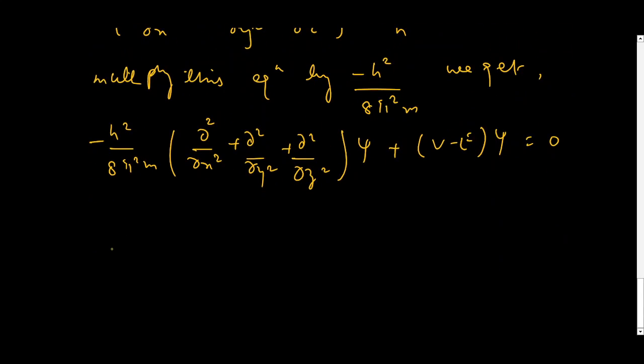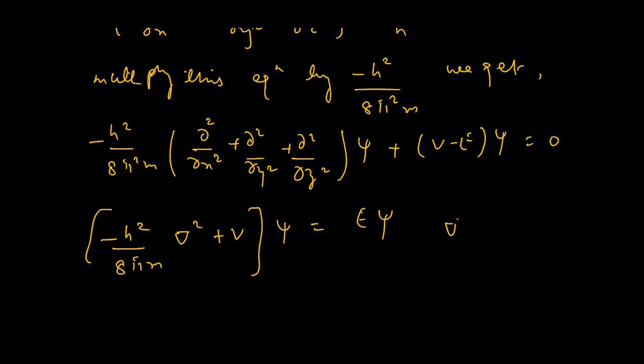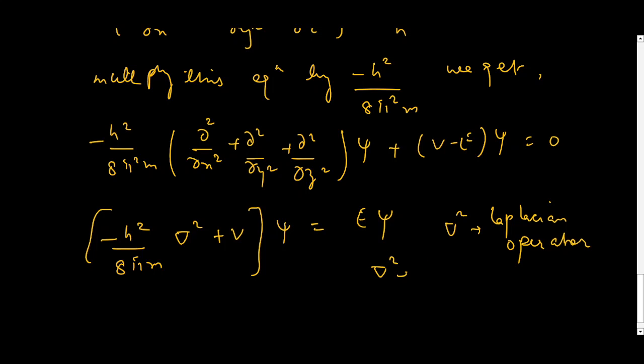Now rearranging this equation, we get minus of h square upon 8 pi square m del square plus V into xi is equal to E xi, where del square is Laplacian operator, and its value is dou square by dou x square plus dou square by dou y square plus dou square by dou z square.